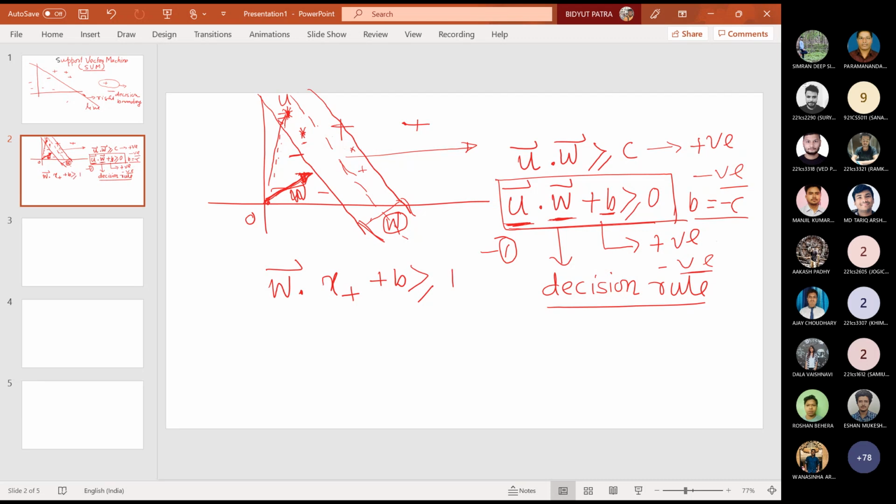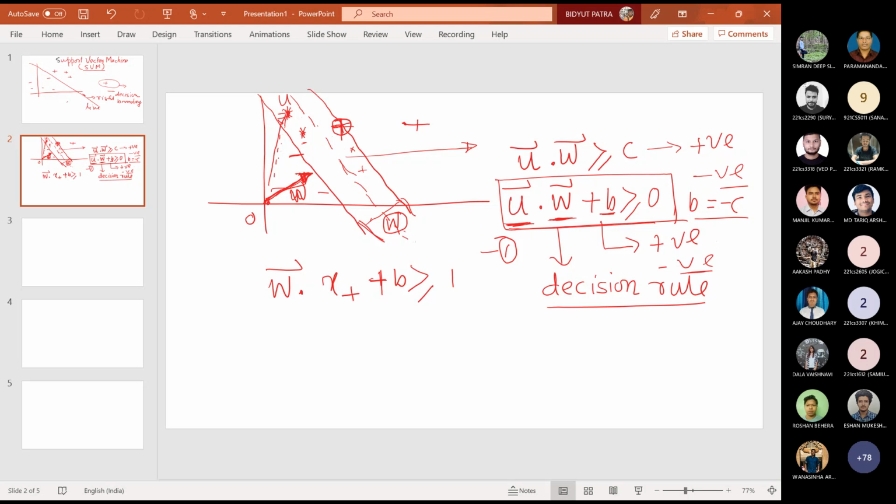Earlier, for exactly 0, that was the equation of the line, and if the point is away from the line, it is a positive sample.